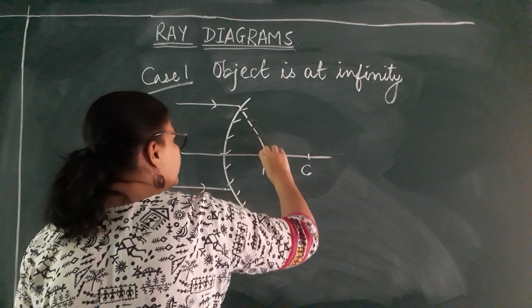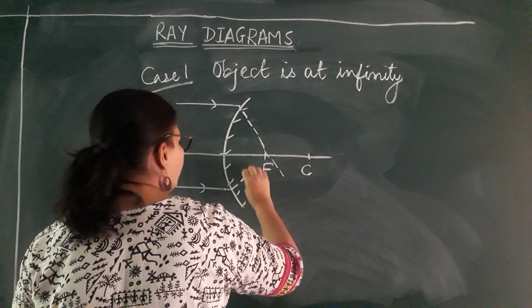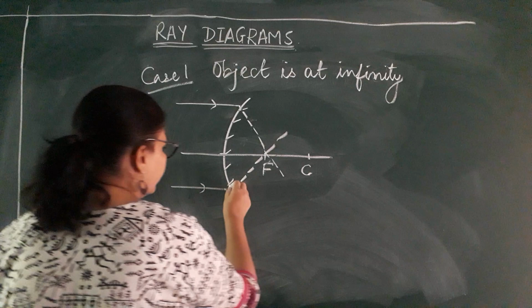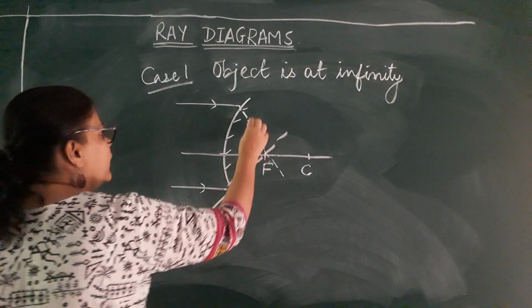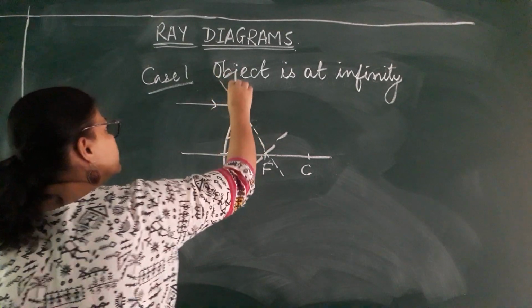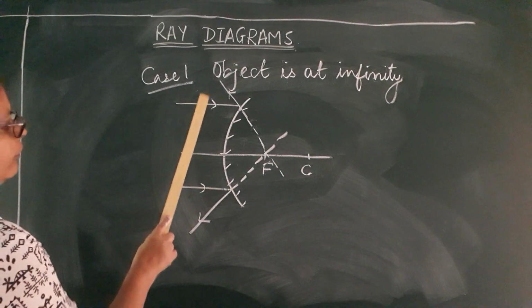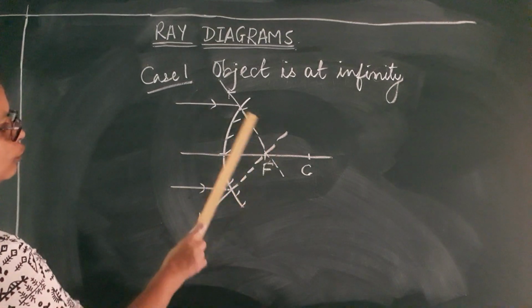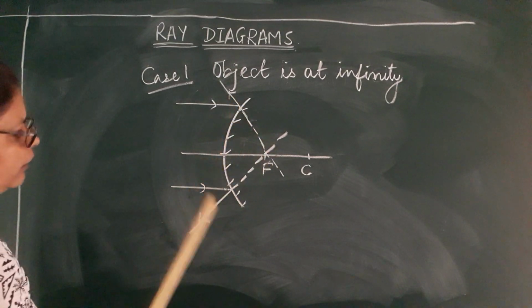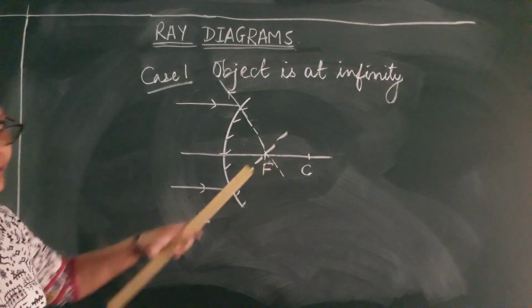It appears to pass through F and actually diverges out. So this is case 1. I am following rule 1: a ray of light moving parallel appears to pass through F. Actually it diverges out from here. So the image is formed at F, children.